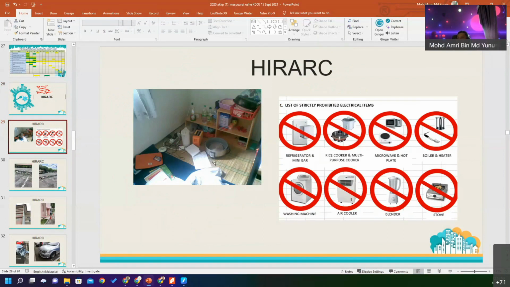You see, here the extension may cause overload. This is an example of a hazard that we find. It could be several things, which is cooking inside the room, which can cause fire, and then also can damage the wall.